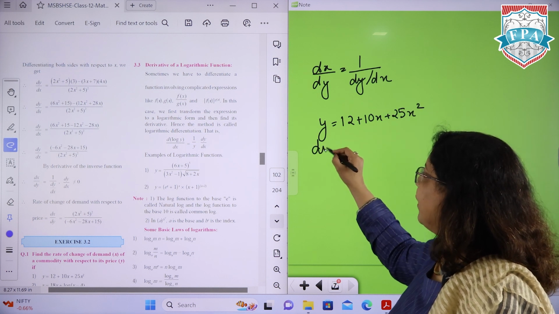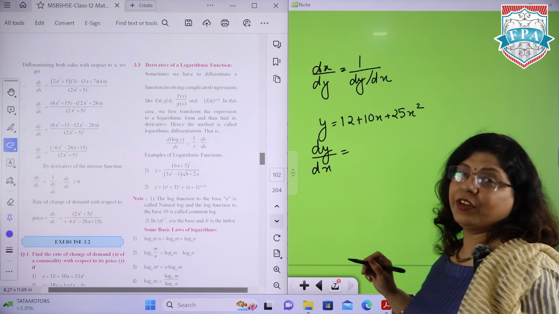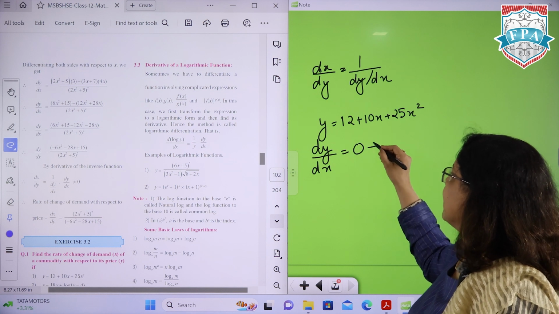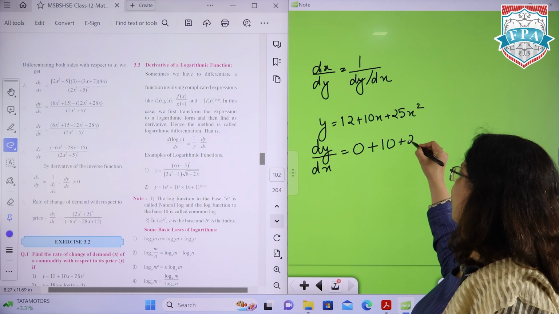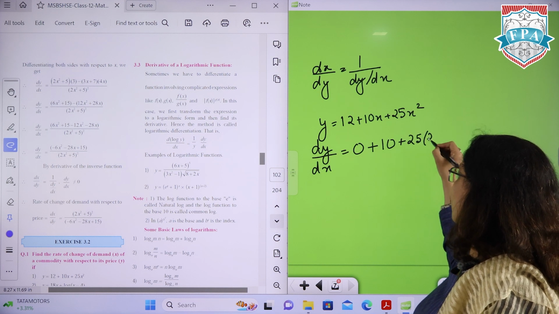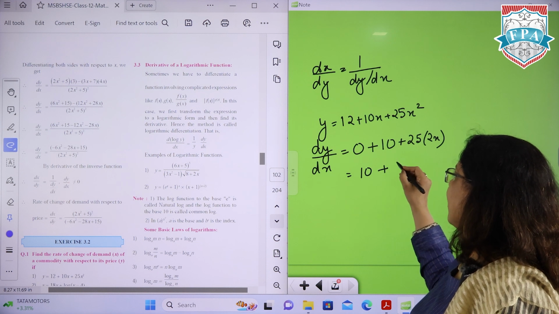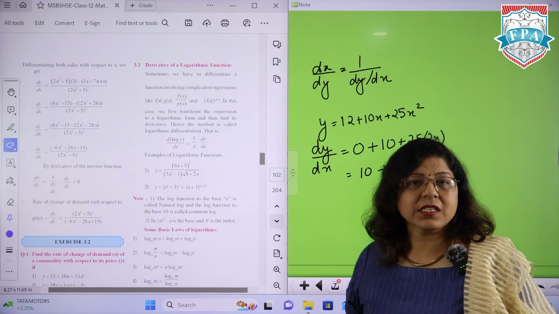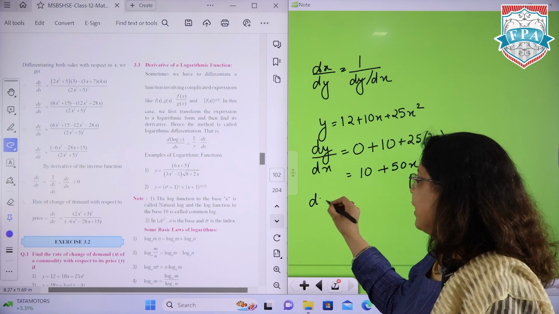So dy by dx will be, when we go with 12, it is 0 because it's a constant. 10x will be 10, for x it is 1, and then it is 25 into 2x. So finally we are getting 10 plus 50x. Now this is your dy by dx.